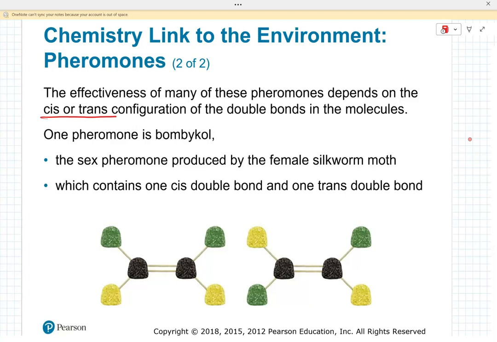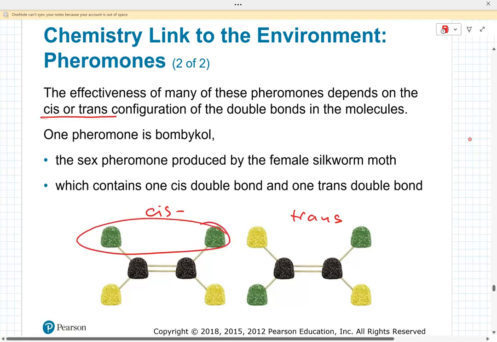So on this image, which conformation is cis and which is trans? Because same side, opposite sides.